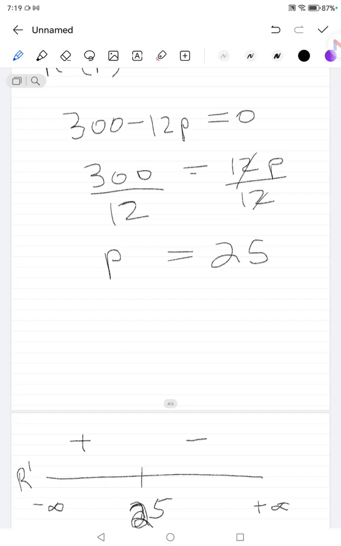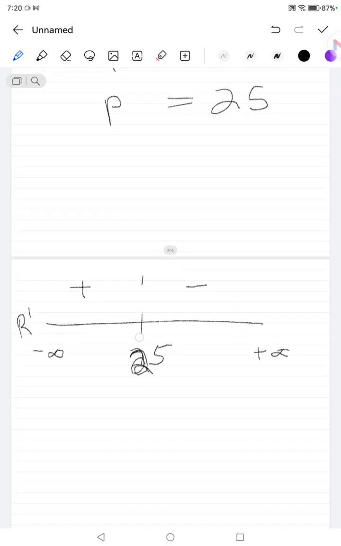On your left hand side, are you getting positive? Yes, on the left hand side it's positive. And on the right it's a negative.